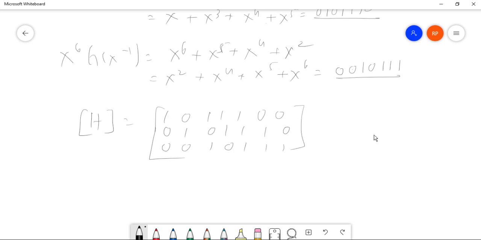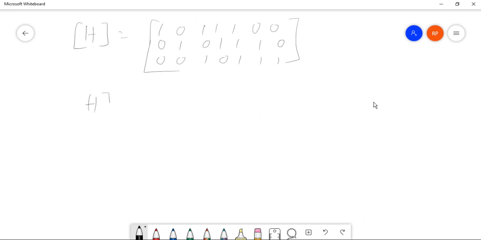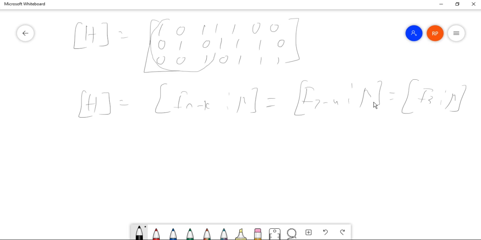Now if you look at the standard format of the H matrix, the standard format of H matrix will be H equals I n minus k, P, which is nothing but I 7 minus 4, P, which is nothing but I 3, P. So if you look at the first 3 by 3 matrix, you can understand that it should be an identity matrix of order 3, which means it should be 1 0 0, 0 1 0, 0 0 1. But the problem is this one is extra because we need 100 there.